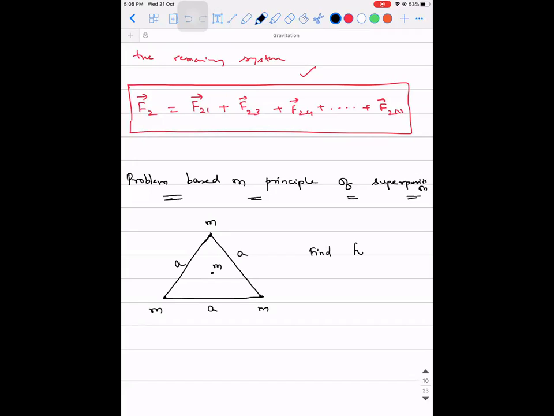Find the force experienced by the mass at the centroid due to the other masses. So that is the question.